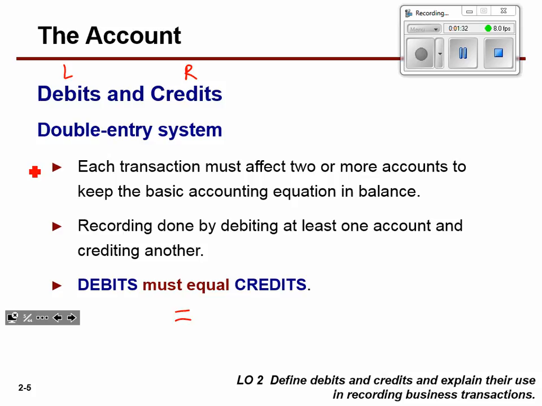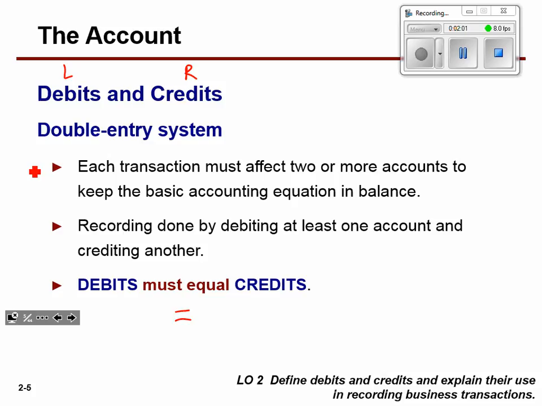If you think about the transaction thing that we did in chapter 1, your sides always needed to equal. Well, secretly you were debiting, crediting, you didn't even know it. Because you were putting some stuff on the left side, you were putting some stuff on the right side, and you didn't even know, like when, for example, we bought supplies using cash, you'd see supplies go up and cash go down. Well, you were debiting and crediting, you didn't even know it.